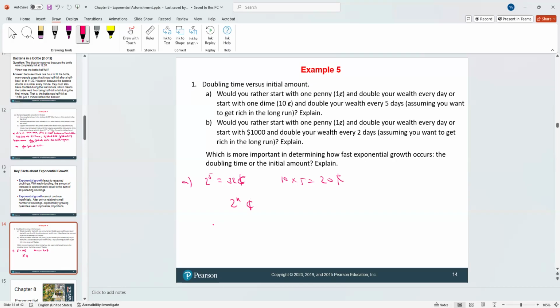But if you take $1,000, that's 100,000 cents. Since it doubles only every 2 days, it would grow to a very big number, right? After experimenting with various values of n, you would find out that the penny has grown to a balance larger than $10,000 in just 34 days. So at this point, it would be better to go again with the penny for B.